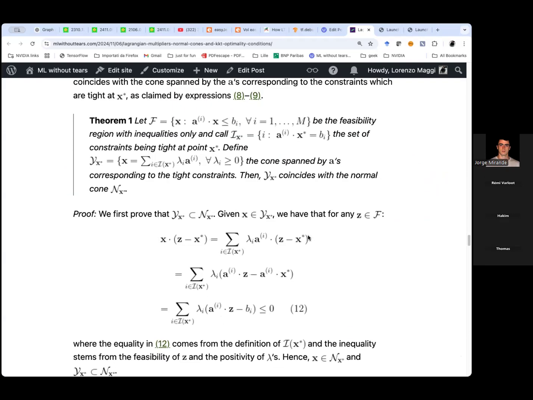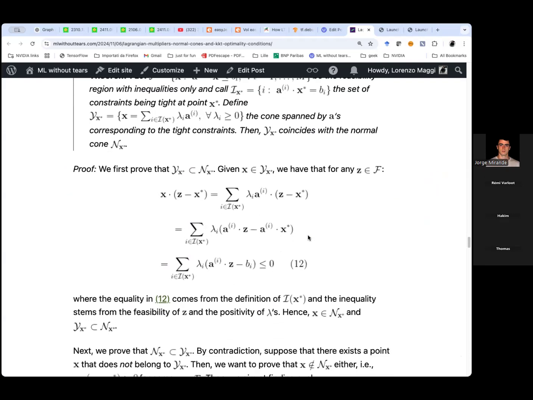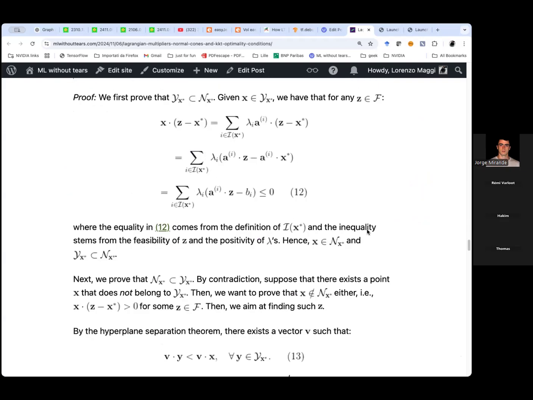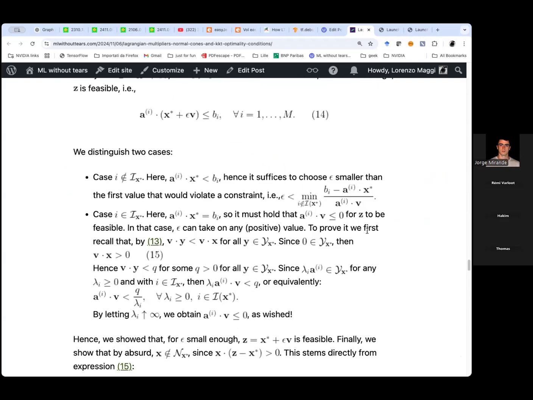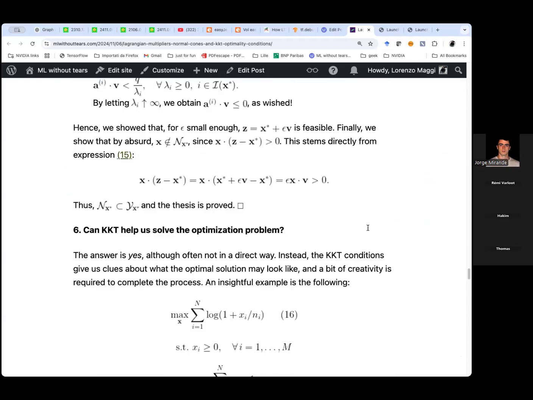Okay, for those who are interested, I think it's a nice one. I found it somewhere. Then I tweaked a few things to make it more understandable, hopefully. But okay, you can have a look if interested.